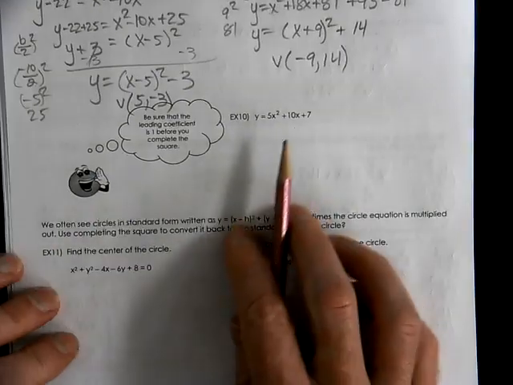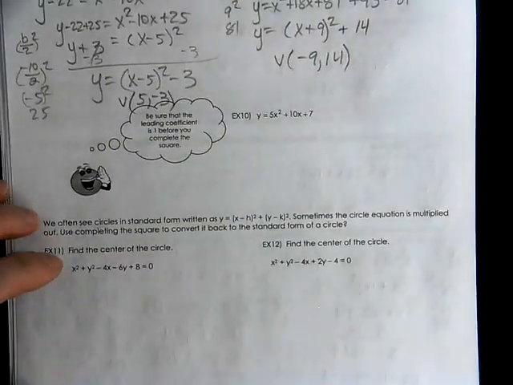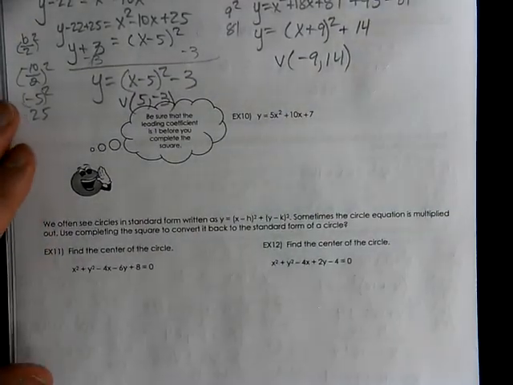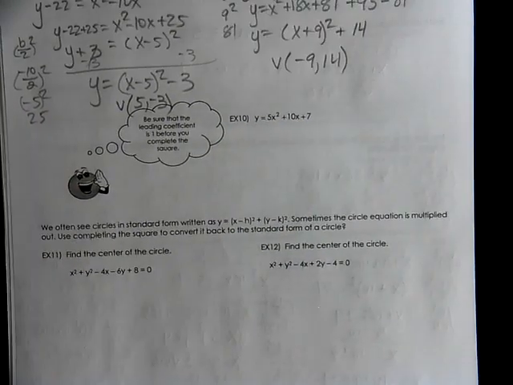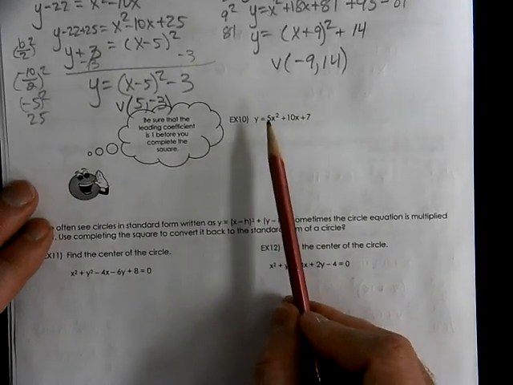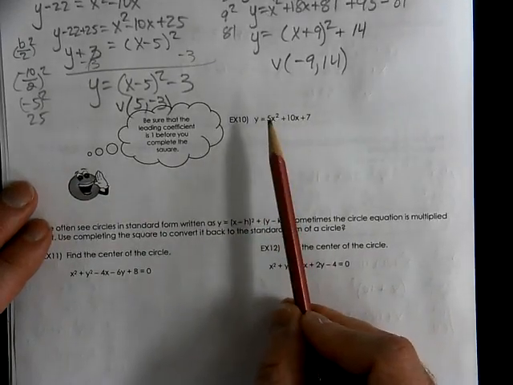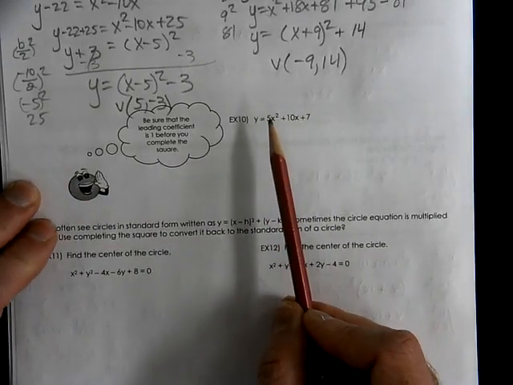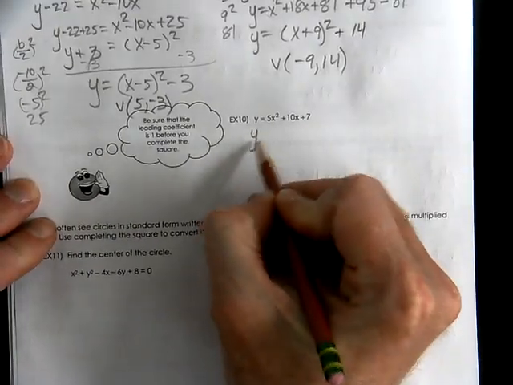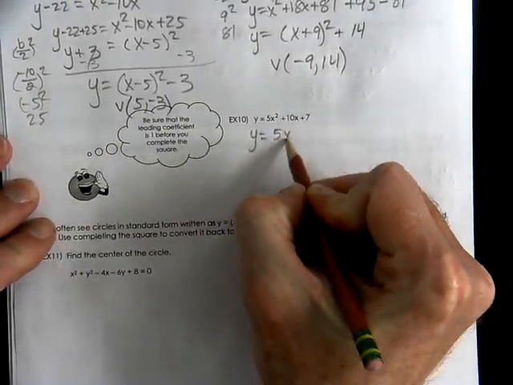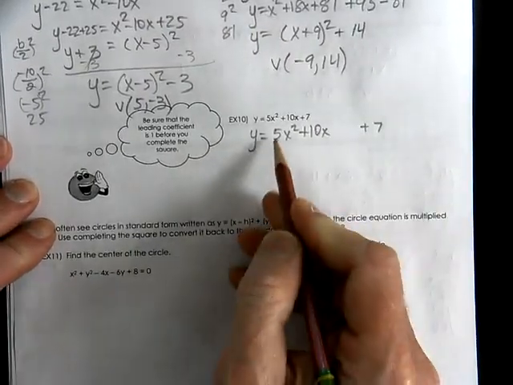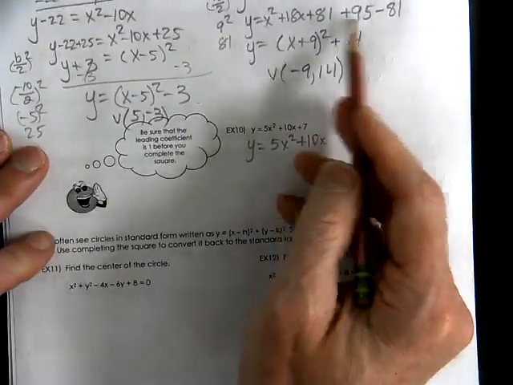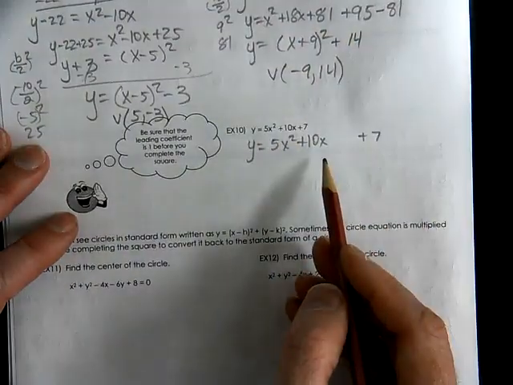Okay, let's try this one. What do you see? What do you think we need to do here? For this next question, the issue is that the leading coefficient is a 5. We can't have that. I'm just going to push the 7 off to the side, kind of like we handled this method.